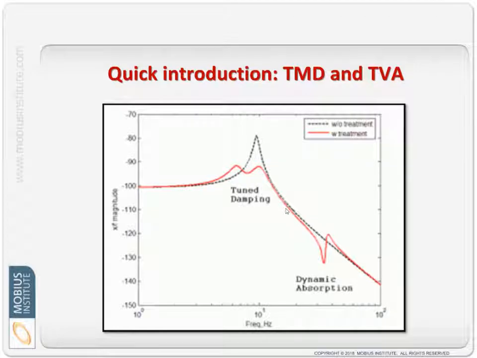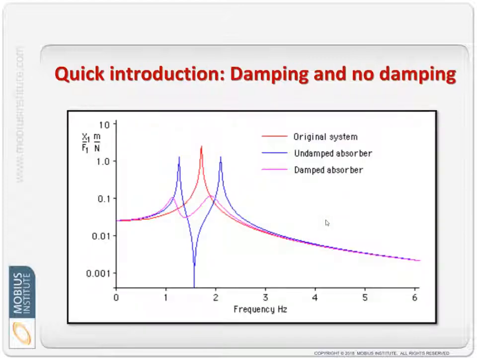So here is a frequency response function, a single degree of freedom system. When we use a tuned mass damper, we tune out the natural frequency itself. Now this one actually has some damping as well. And when it's a tuned absorber, they call them dynamic absorbers, tuned vibration absorbers, whatever, we just create, again, a single degree of freedom system, but just to knock out a vibration, which would be right here.